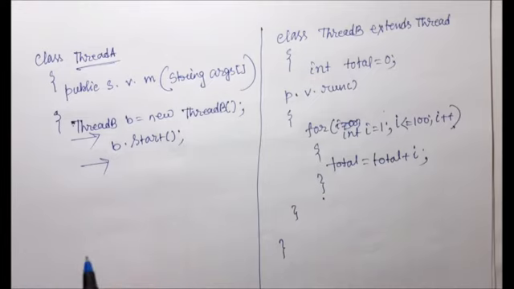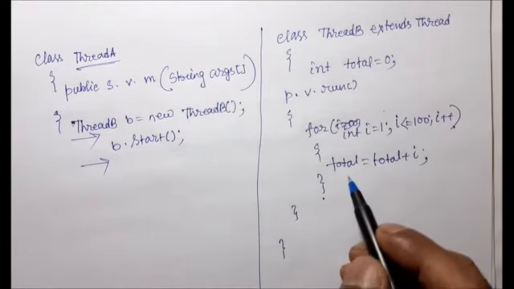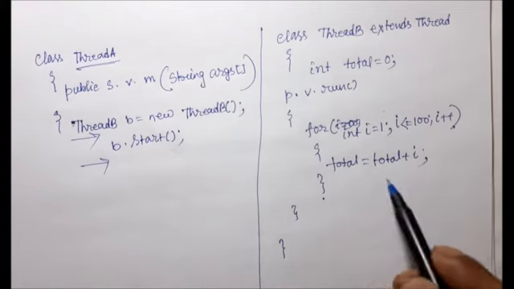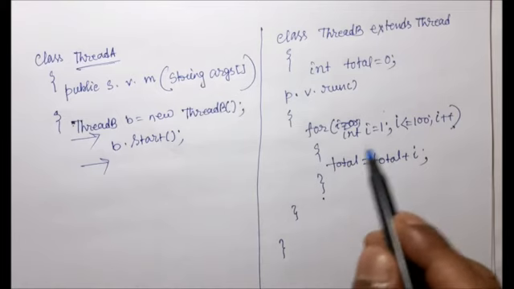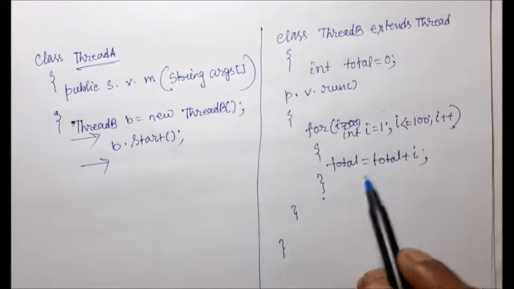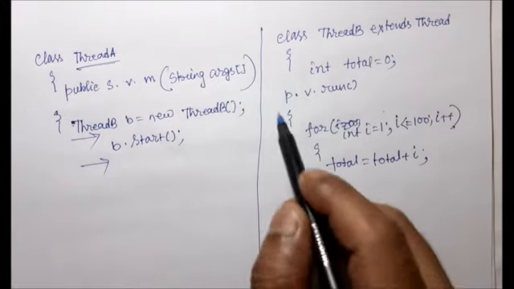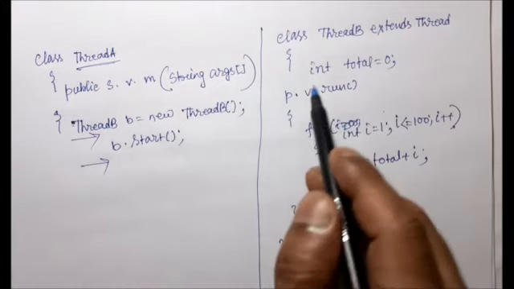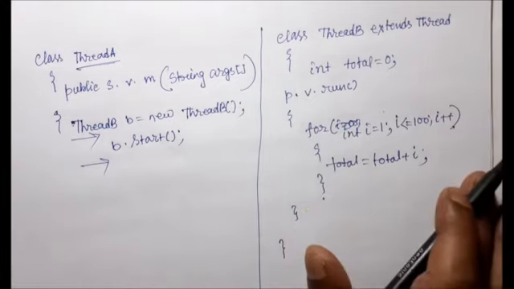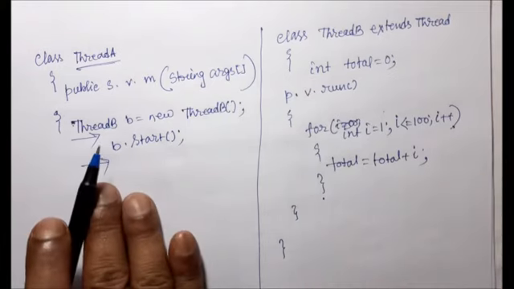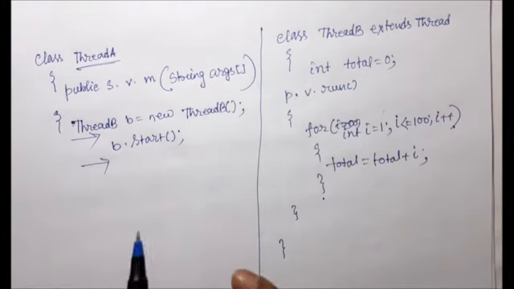Here, suppose I want to get the total. This portion is executed by the child thread, and this is my main thread, and I want the update from the child thread.